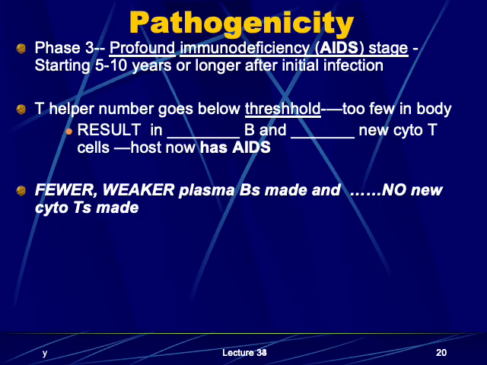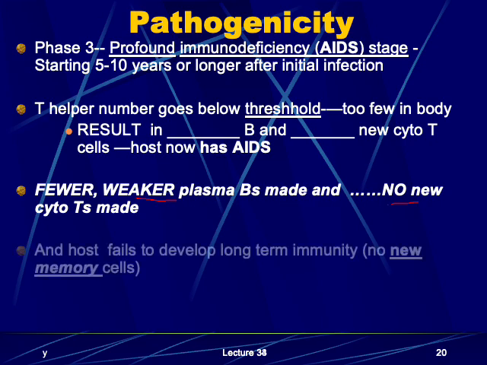And remember, if there's no T helpers, there can be no new cyto-Ts. So you've got a greatly weakened immune system. And also, if you don't have T helpers, you can have no memory cells, neither B nor cyto-T.